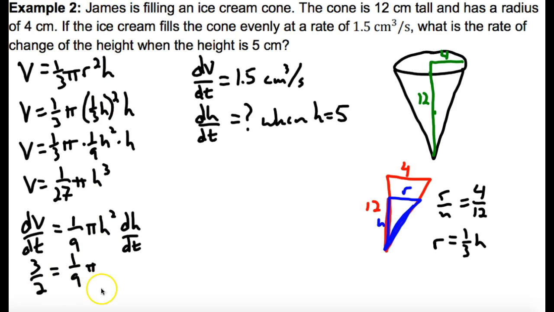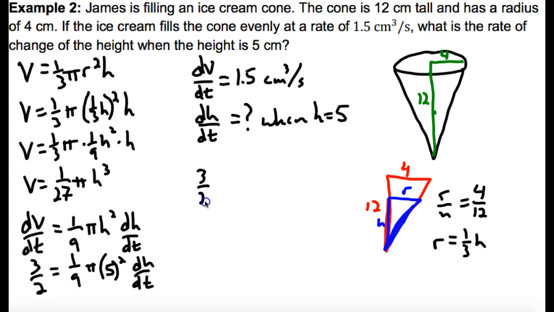Over here, h we said was 5, squared, times dh/dt.